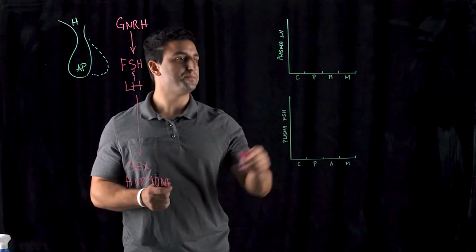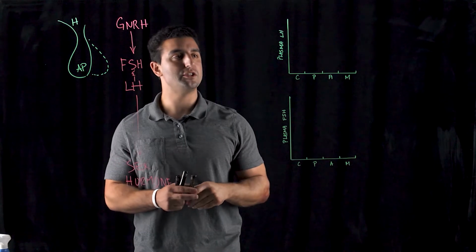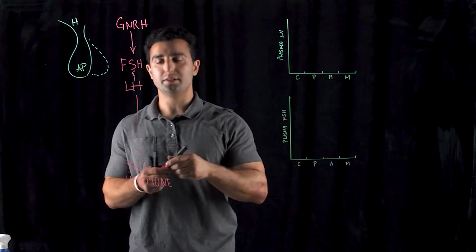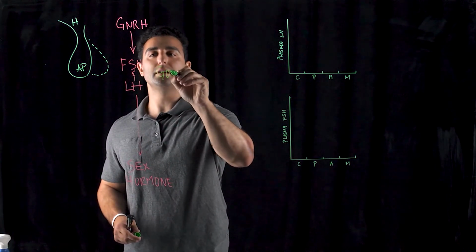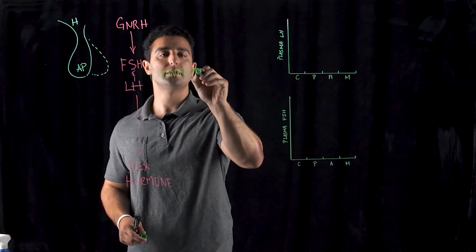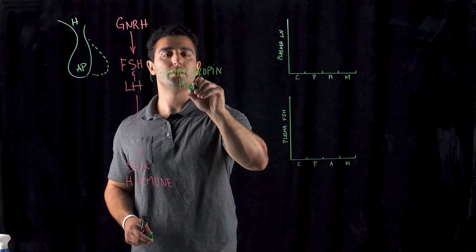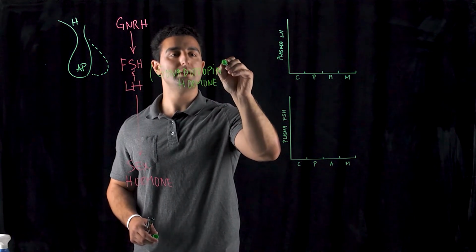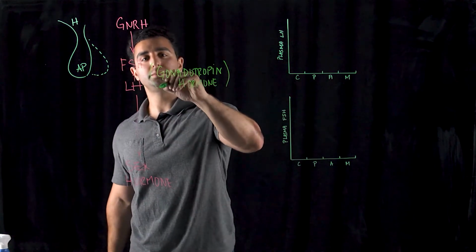Just in case you're getting confused, another name for FSH and LH is gonadotropins. All the hormones from the gonadotropin cells are LH and FSH.